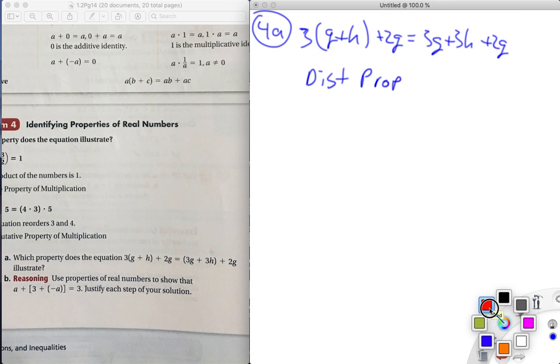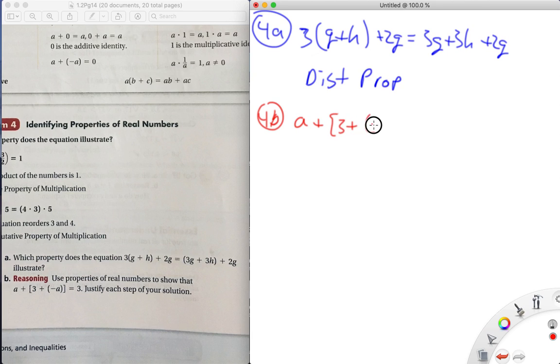For B, I have A plus three plus negative A, and they probably want me to solve this and to show my steps. So the first thing I'm going to do is rearrange this a little bit.